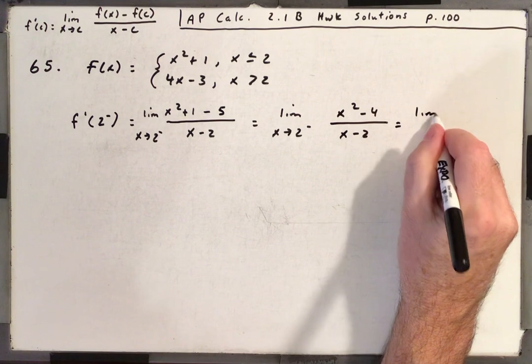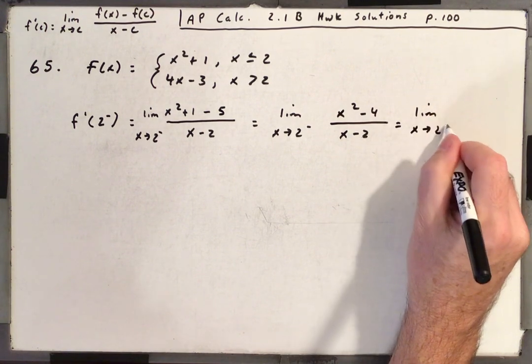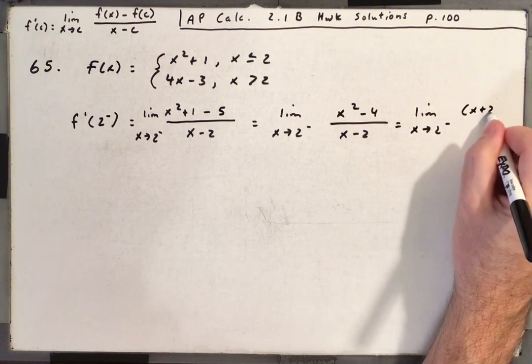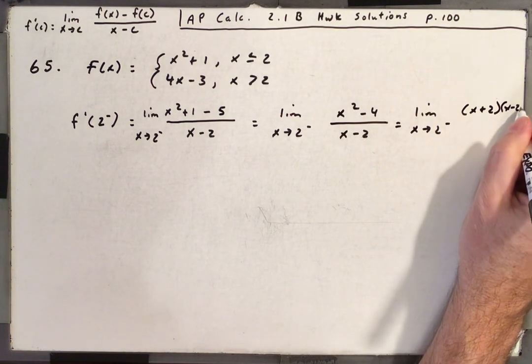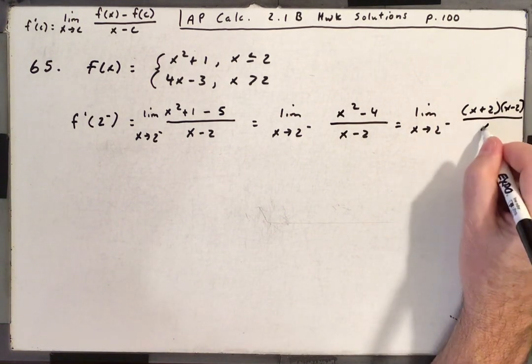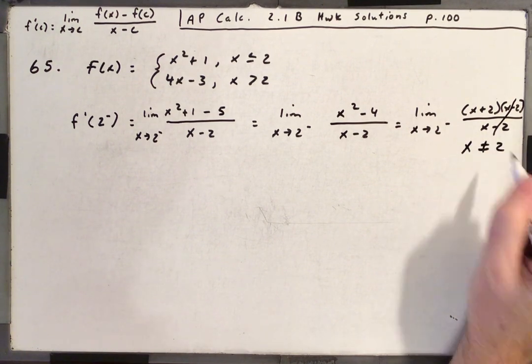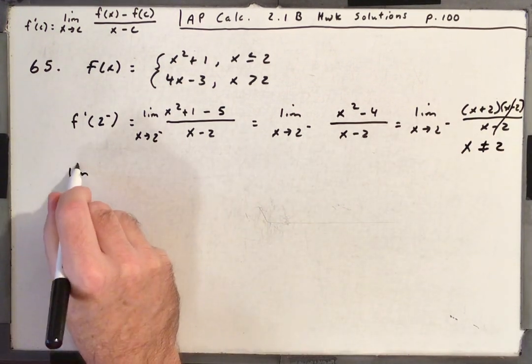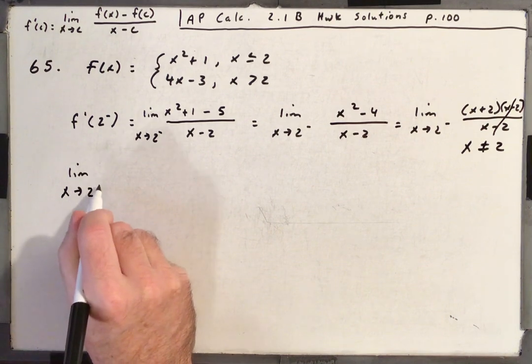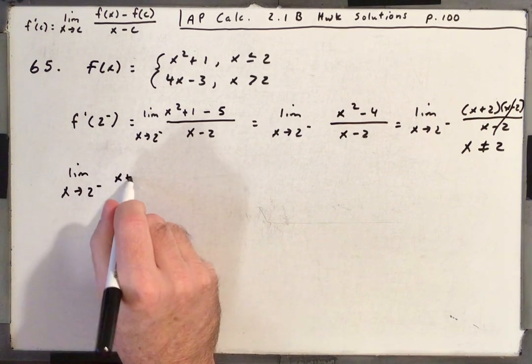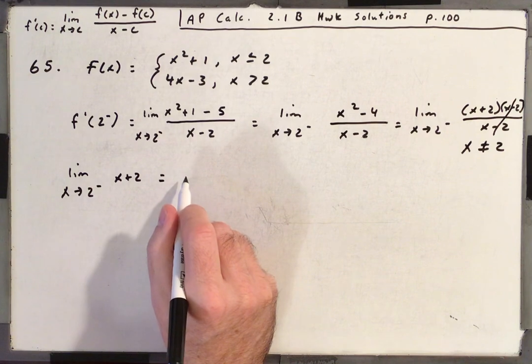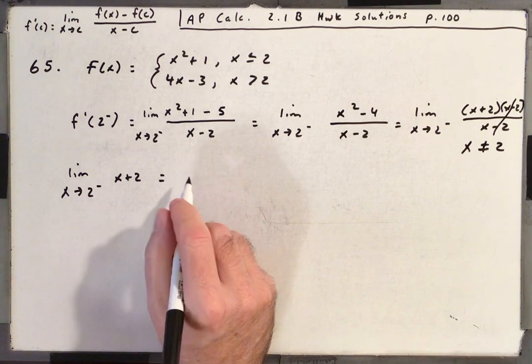It should be the limit as x approaches 2 from the left of x plus 2 times x minus 2 over x minus 2. That's the limit as x approaches 2 from the left of x plus 2, and that is equal to 4.